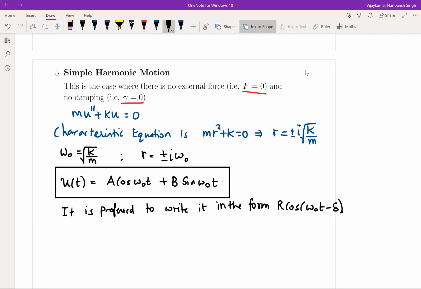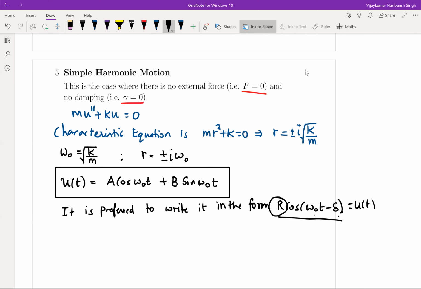Now, why do you write it in this form? If you write this equal to u of t, you can read how the function is. It's basically cosine with a certain period, certain amplitude, and certain phase.